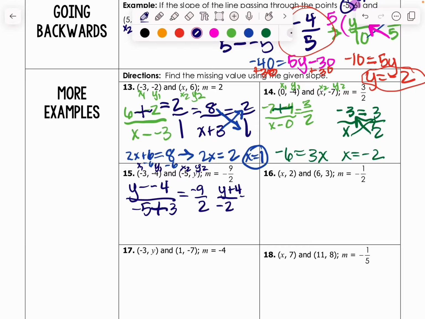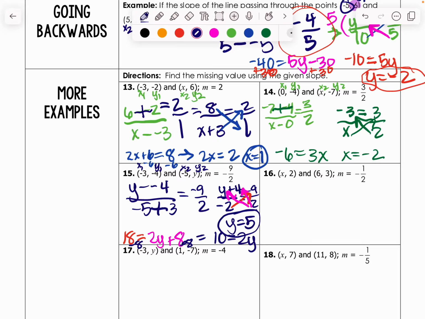Gives us negative 9 over 2. And cross multiply, this will give us 18 equals 2y plus 8. I'm going to subtract that 8. So I get 10 equals 2y. So y equals 5 when I divide by 2.